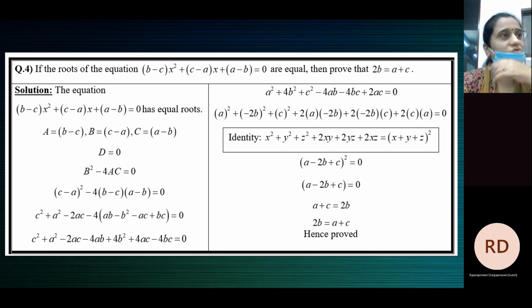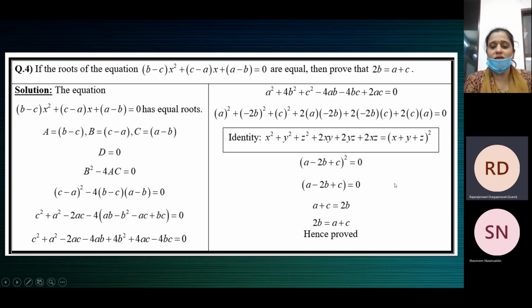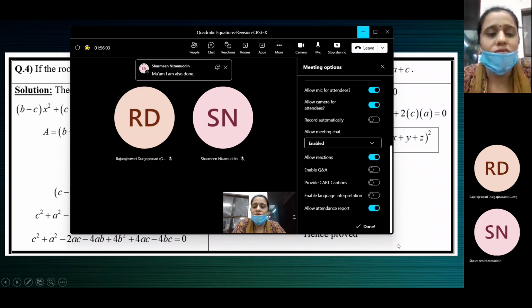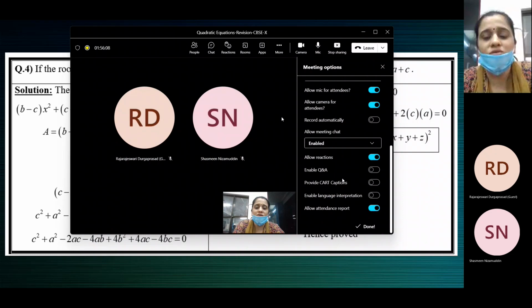How long does it take for you to reach home? 20 minutes? Done, Arun? Working, Rajeshwari? Completed, ma'am. All right, Rajeshwari. Thank you. Good night. Thank you, ma'am. Okay, Sashmin. All right, Sashmin, you've completed. Thank you, Sashmin. Good night.